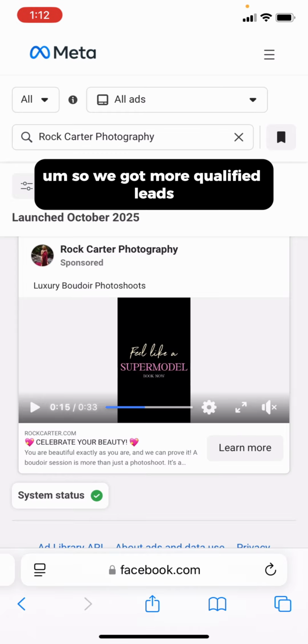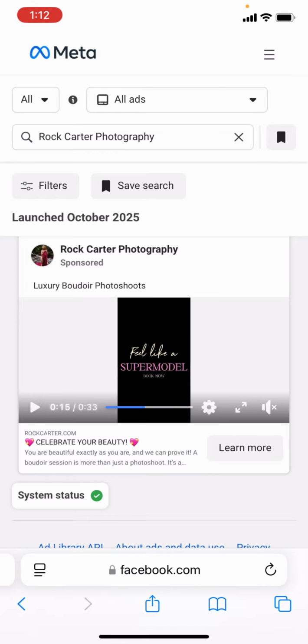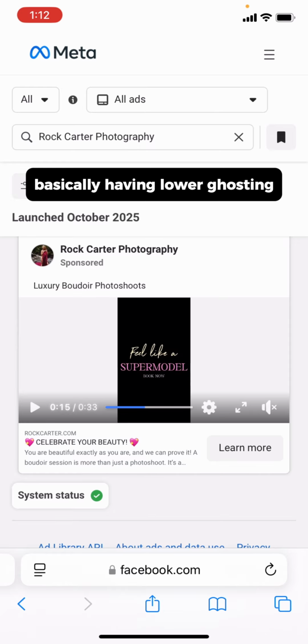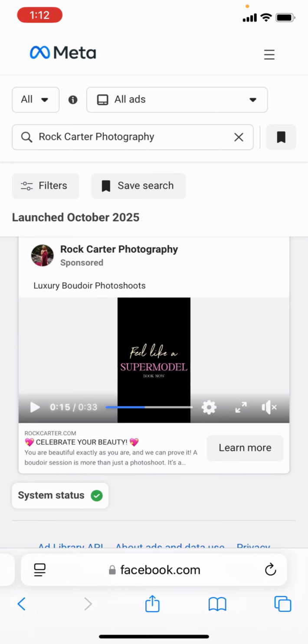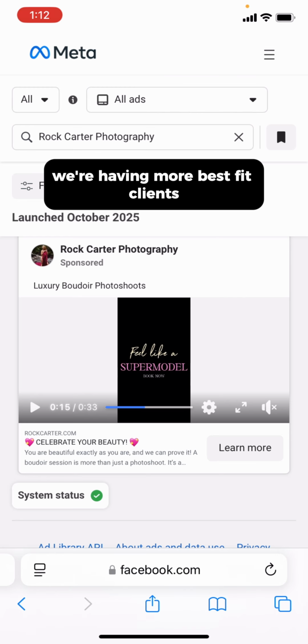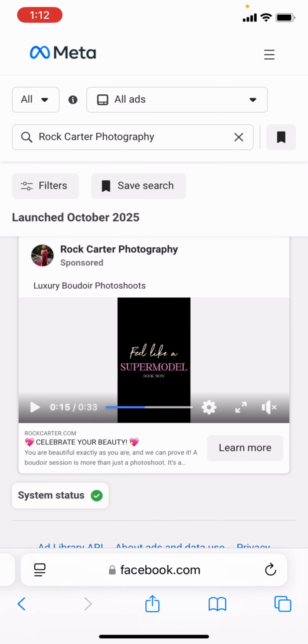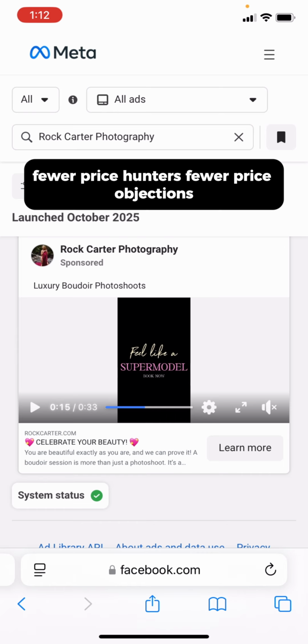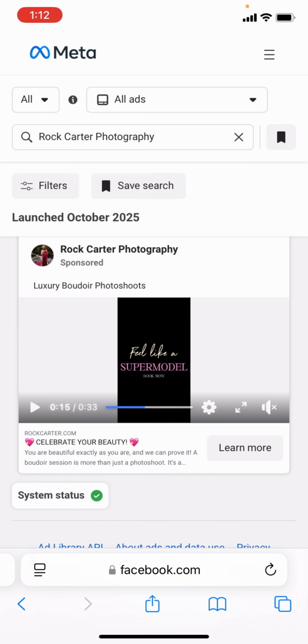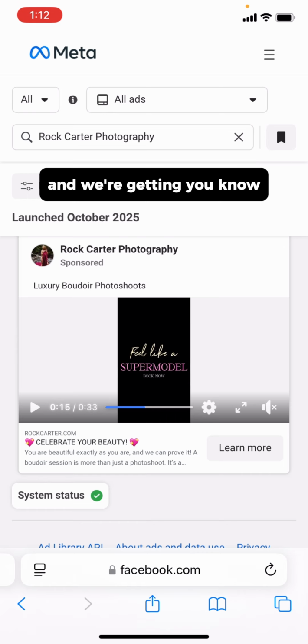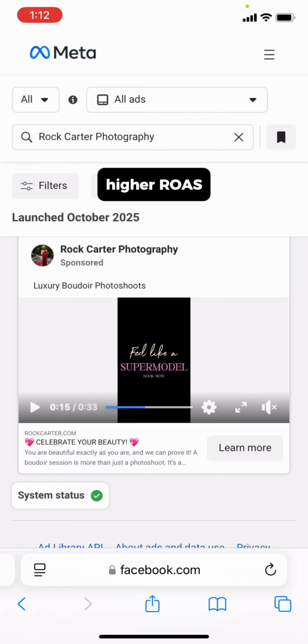So we got more qualified leads, more qualified appointments, lower ghosting, more best-fit clients, fewer price hunters, fewer price objections, and we're getting more sales, more conversions, more bookings, higher revenue, higher ROAS.